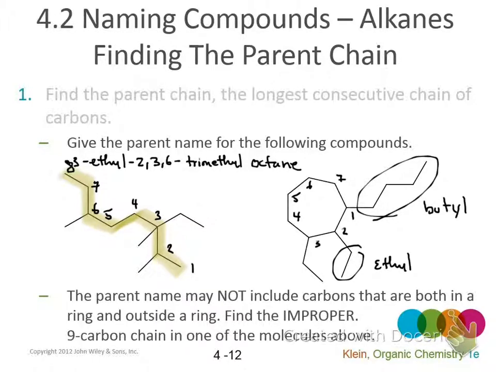There's a tie counting either way, so you just go alphabetically. So it's going to be 1 butyl. I'll do these in order. And then 2, 3 dimethyl, or diethyl. And then cycloheptane.